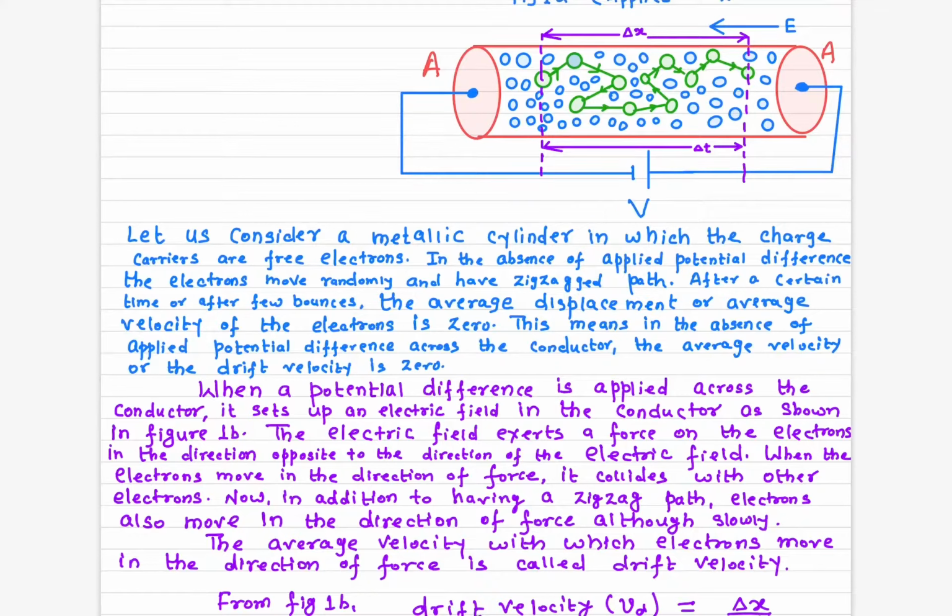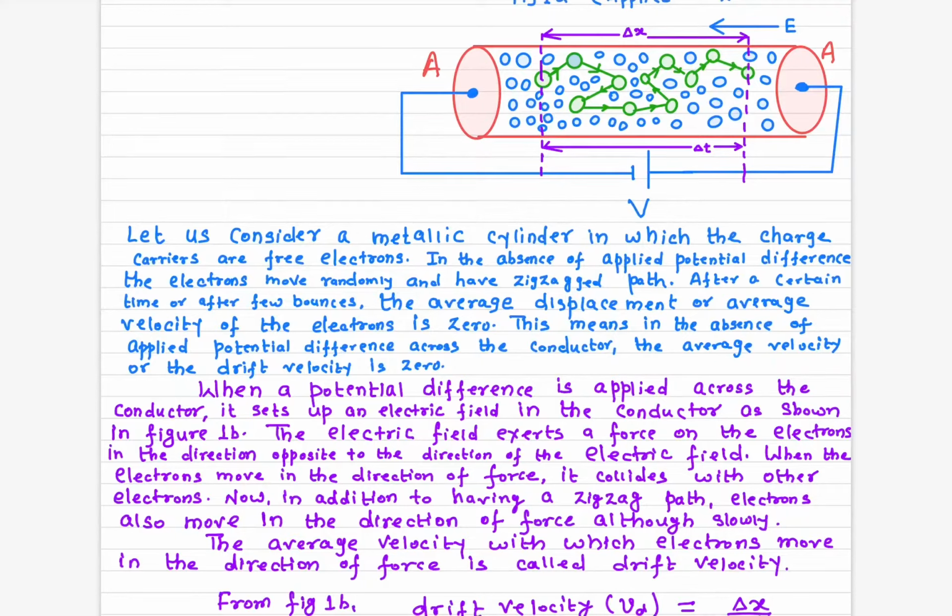The only purpose of this battery is to provide an electric field, or to set up a potential difference between these two ends. Whenever we apply a potential difference, this is a positive terminal. Now let's say this is the negative terminal, and if there are electrons, then this positive terminal will attract the electrons. Okay, so now we have set up a preferred path. The electrons have more tendency to move in the direction of the field.